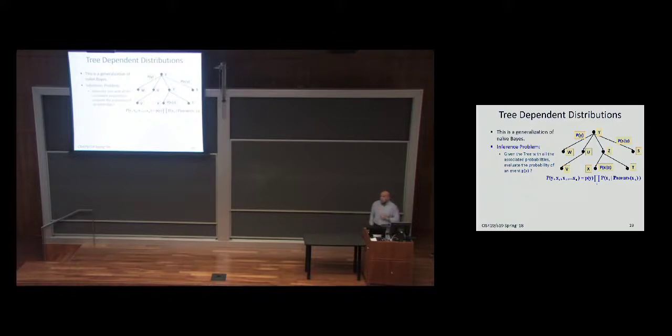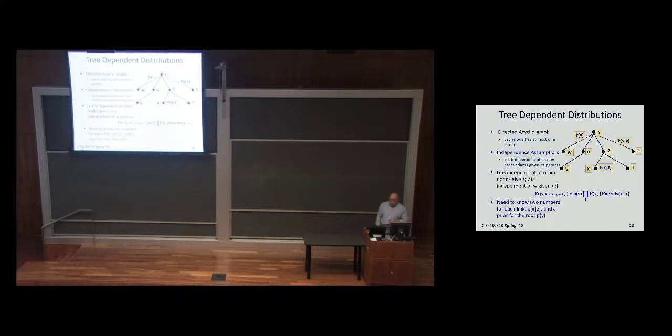Question? With the independence assumption, can we also say that V is independent of W given Y? Yes, yes. So given the parent, even if it's not a direct parent?